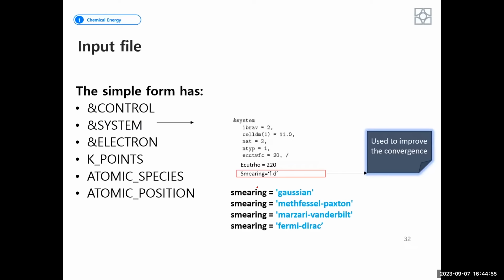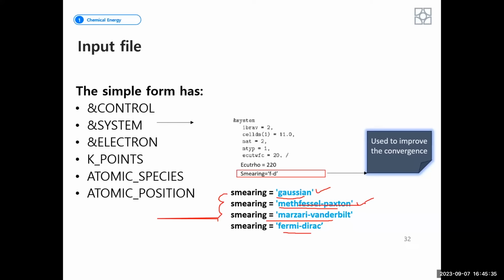We also have the smearing value. We have different kinds of smearing, like Gaussian, Methfessel-Paxton, Marzari-Vanderbilt, and also Fermi-Dirac. These kinds of smearing each have their own applications. Gaussian maybe works for most cases, especially for metallic systems, while Methfessel-Paxton could be a more sophisticated method, but it has better results in general cases.